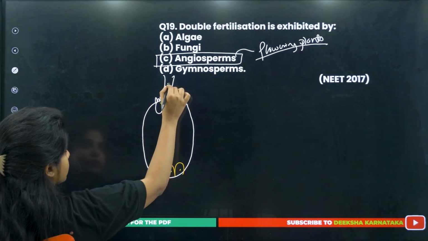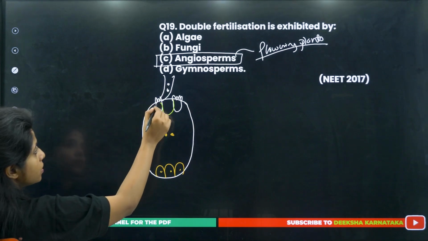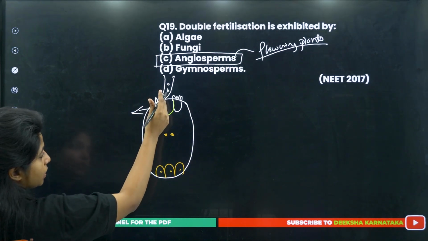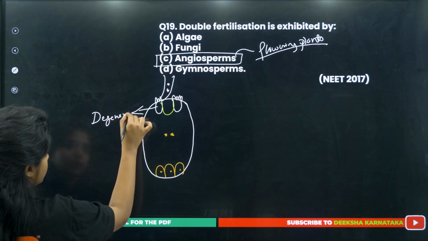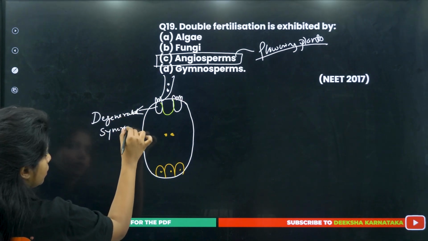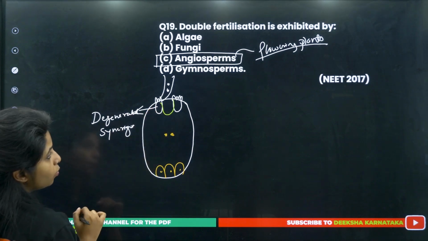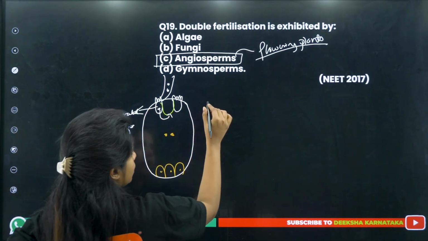The pollen tube basically carries 2 male gametes. It comes to the synergids first and degenerates it. Basically, when the pollen tube comes, the synergid gets degenerated. So this pollen tube is entering the degenerated synergid. It is giving the male gametes. One male gamete will fuse with the female gamete.